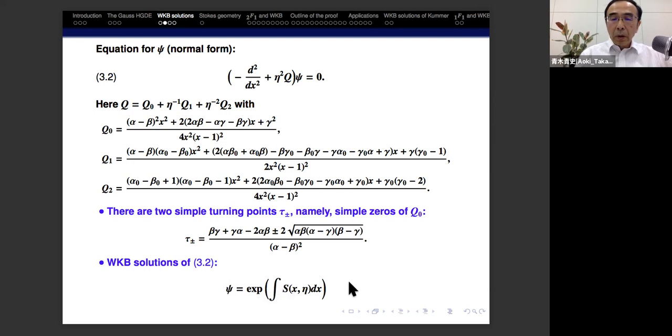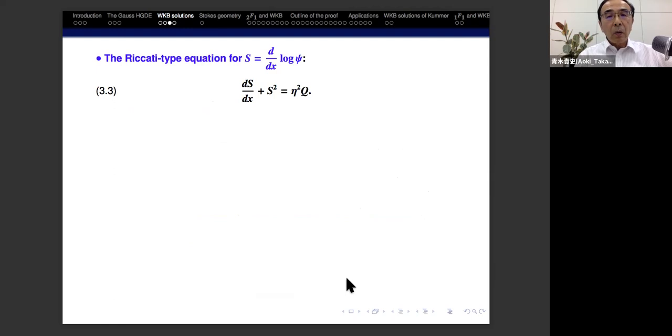Here, S is a logarithmic derivative of the unknown, and S satisfies the Riccati type equation.